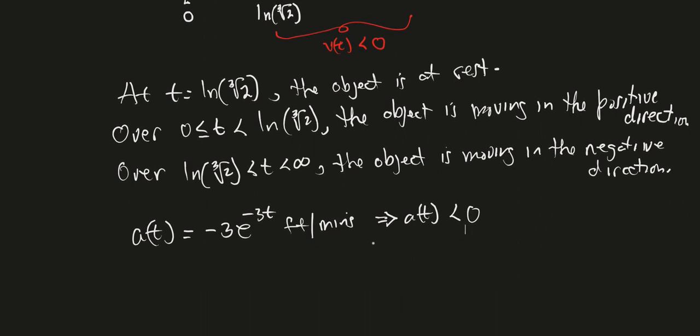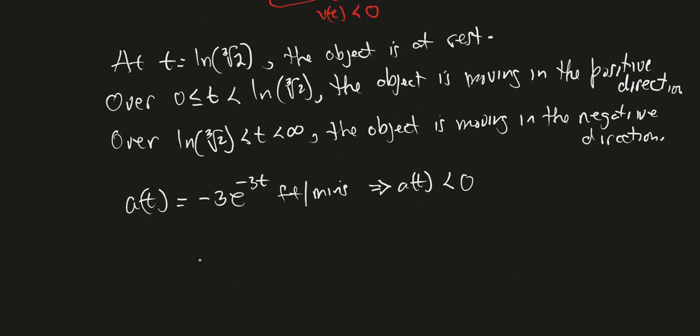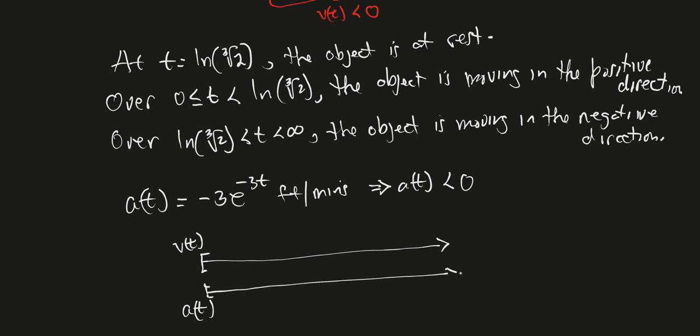So what does this mean? Well, what if we were to graph both sign charts now, the one for the velocity and the one for a of t, right? So let's do them like this. So a of t is always negative.